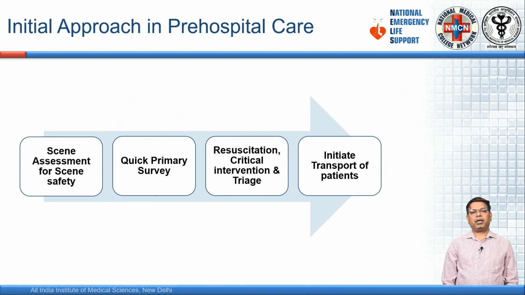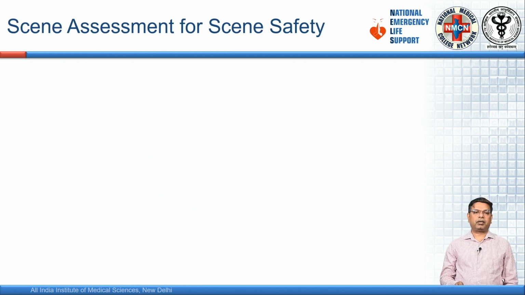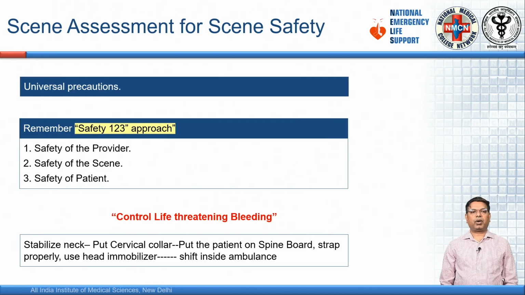Quick primary survey, then resuscitation and critical interventions, maybe something at the scene and something inside the ambulance en route, and finally understanding the concept of triage. Triaging this patient: sick, not that sick, very sick, red, yellow, green. And then initiating safe transport and handing over to the hospital. So these are the brief steps we are going to take. Let's take the things one by one.